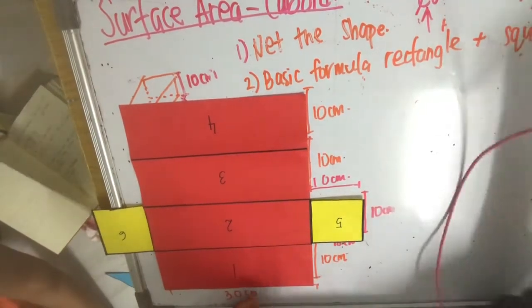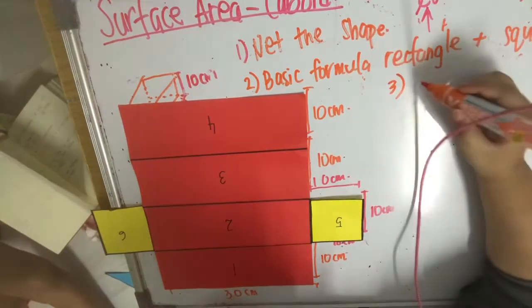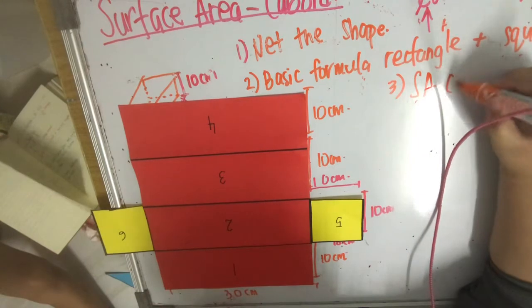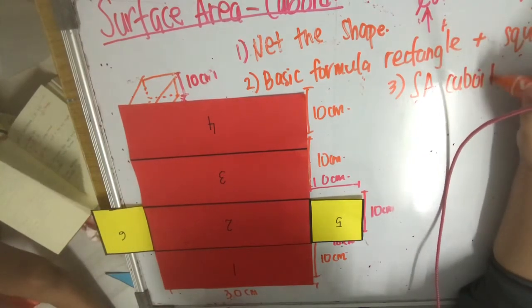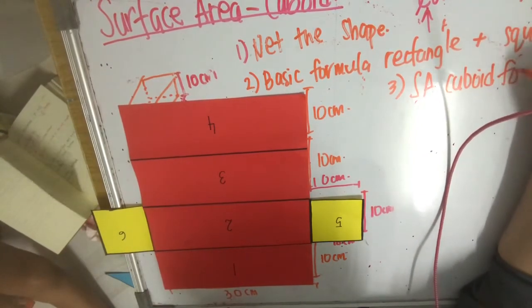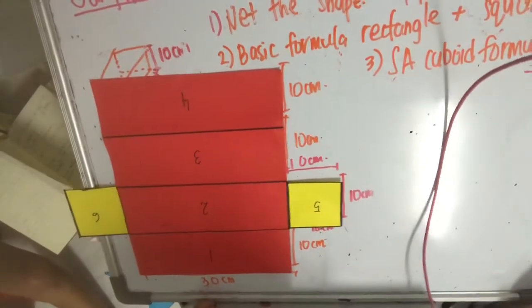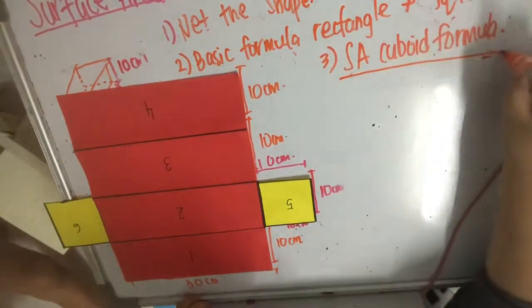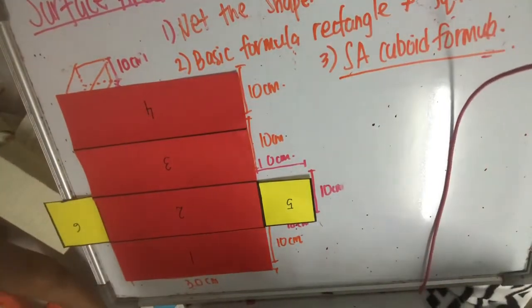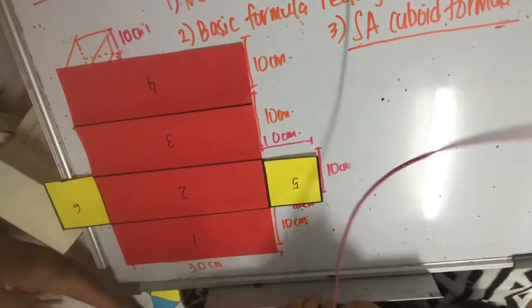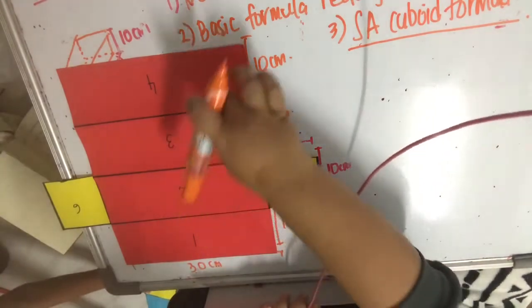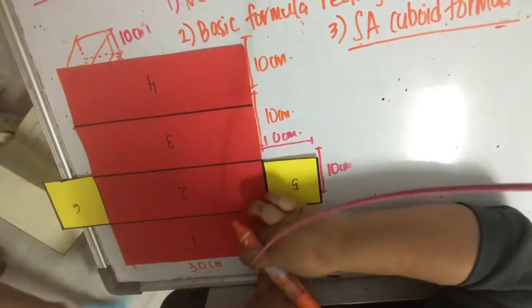And then the third step is the surface area formula for a cuboid. First calculate the rectangle, the surface area of this one, 1, 2, 3, 4.